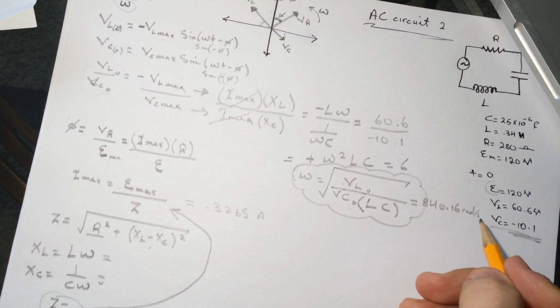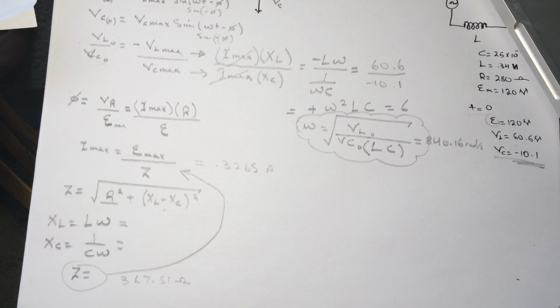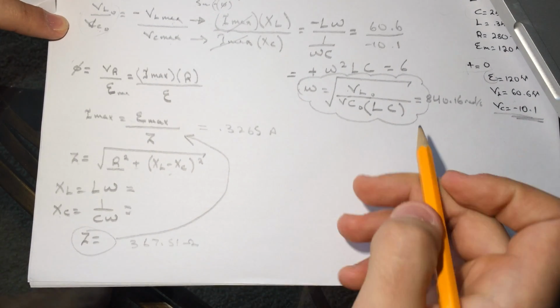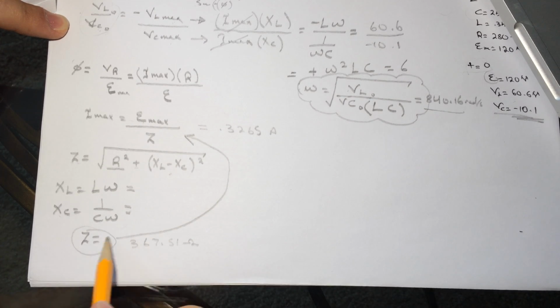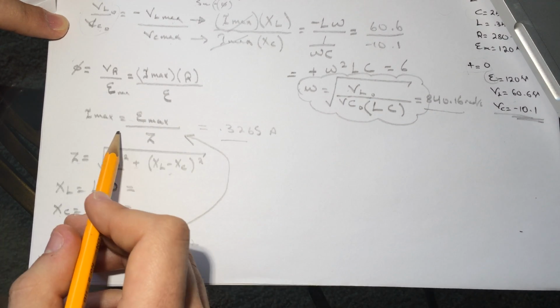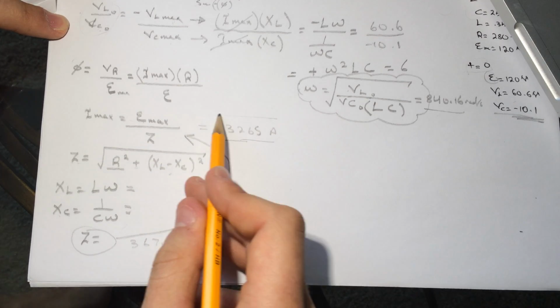So if you didn't get the same number, you have to check your calculation. Here's the omega that I got, here's the impedance, and here's the current.